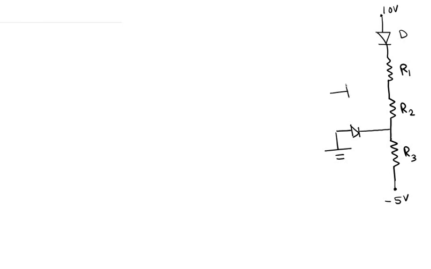This point is again connected to a diode and grounded over here, and it is stated that ID2 is equal to ID3 is equal to ID, which is equal to 0.5 milliamperes. Okay, so this is question 4.